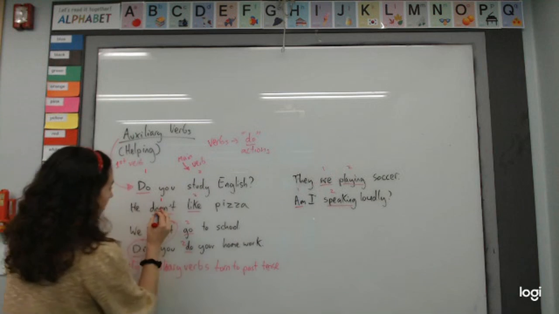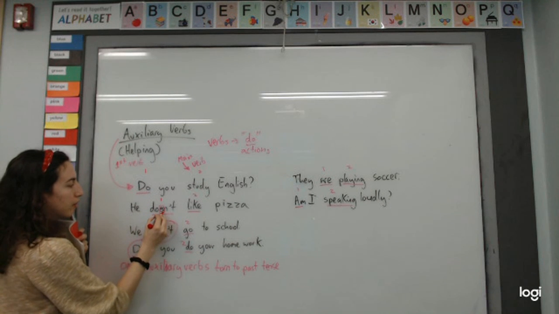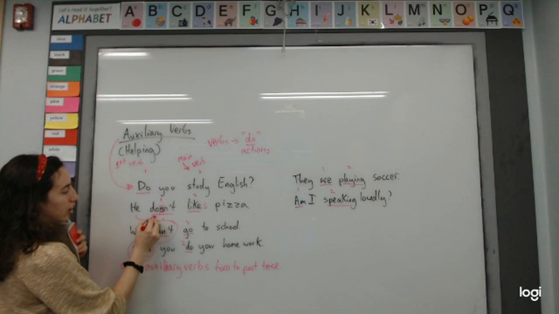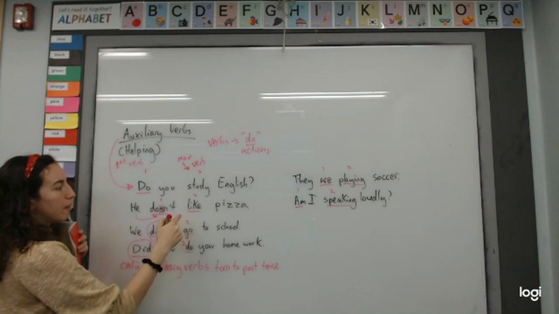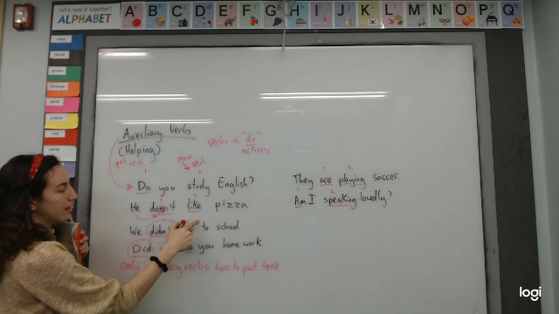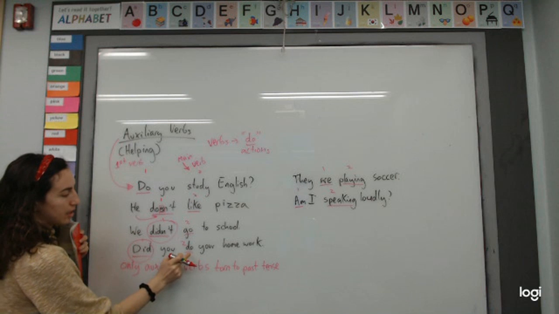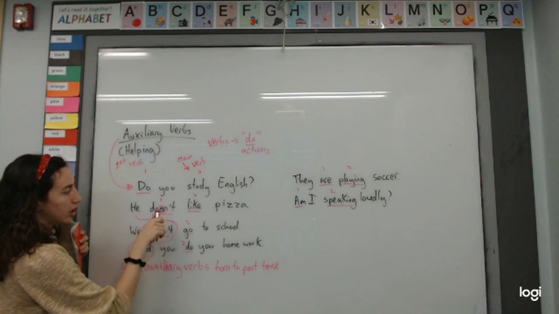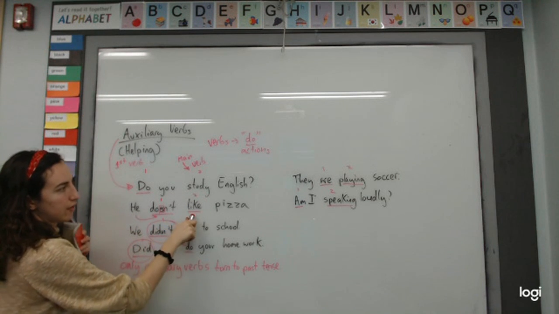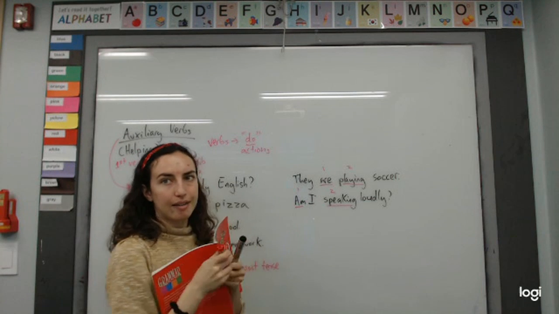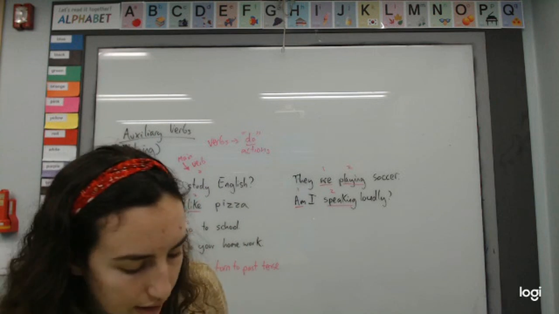And in present tense, only the helping verb takes S. We don't say he doesn't likes. He changes doesn't, auxiliary verb, but he doesn't change likes. Same thing here. Past changes first verb, but doesn't change second verb. He changes first verb, but doesn't change second verb. I changes am, doesn't change speaking. Okay? So let's do this page together.